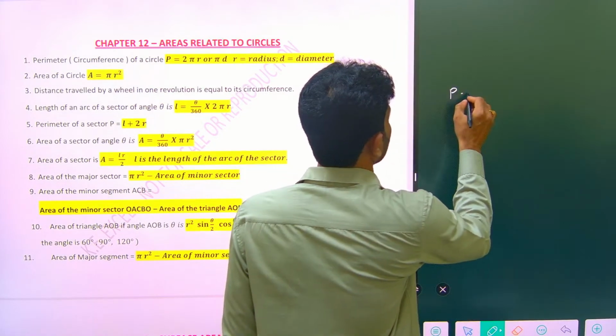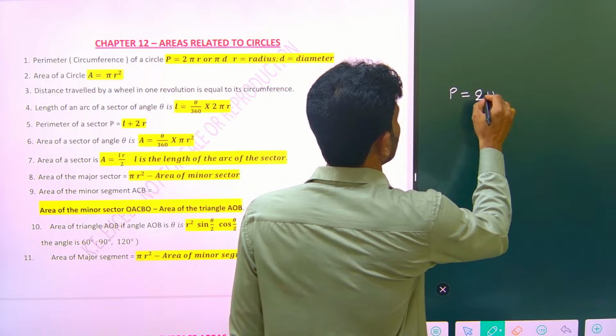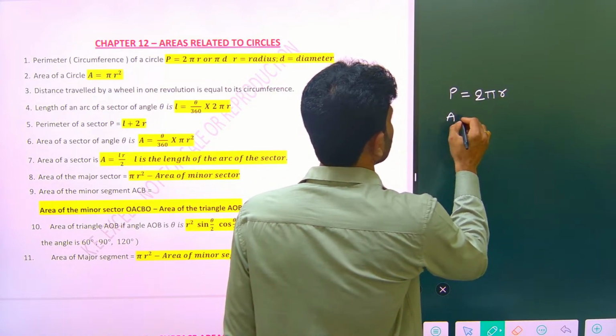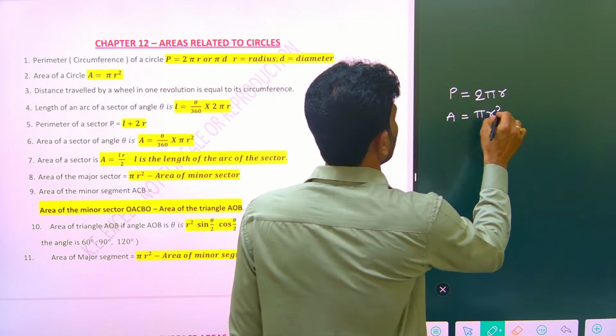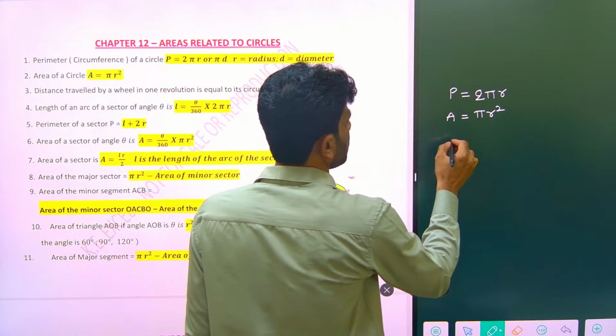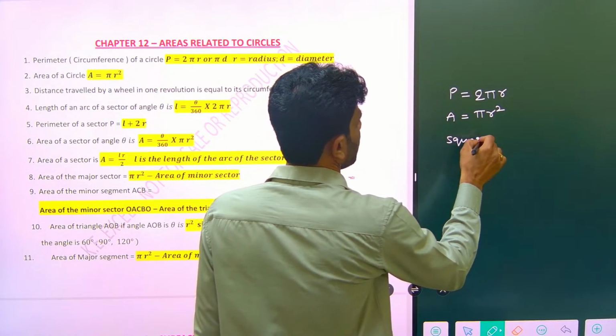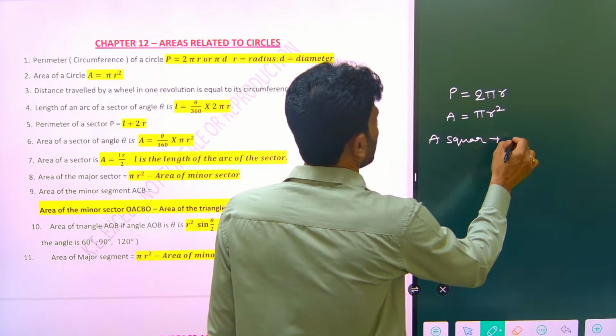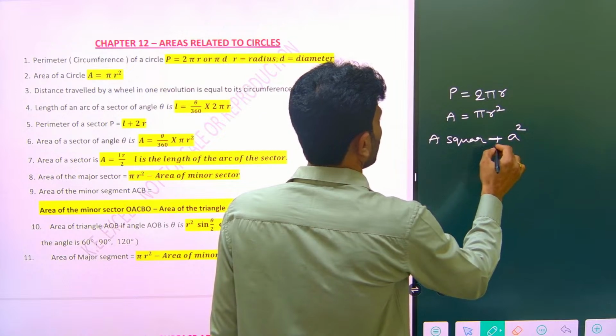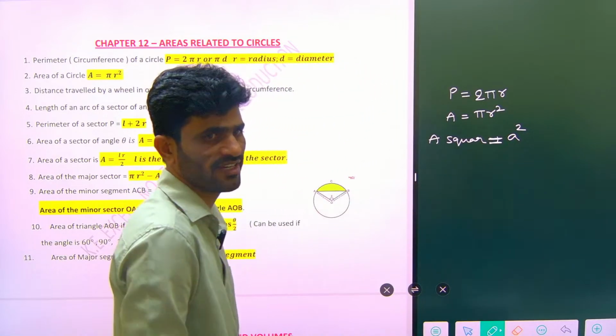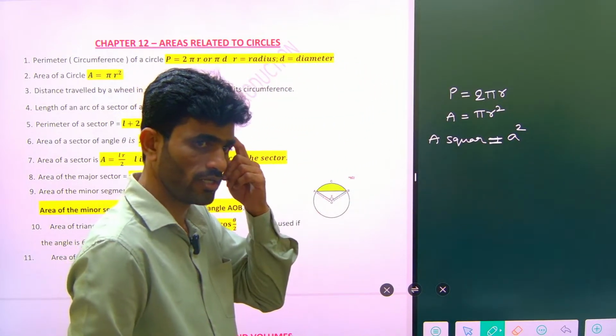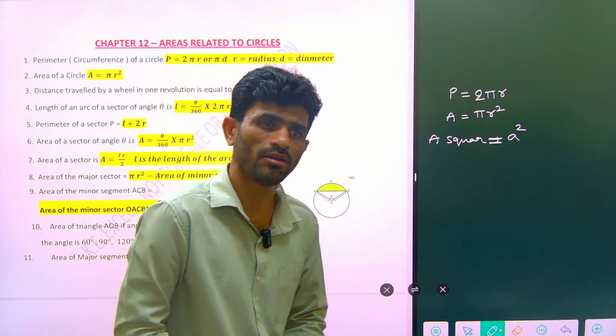Perimeter of a circle or circumference of a circle. Area of a circle. Area of a square, a square or side square. Correct? Area of rectangle, remember?